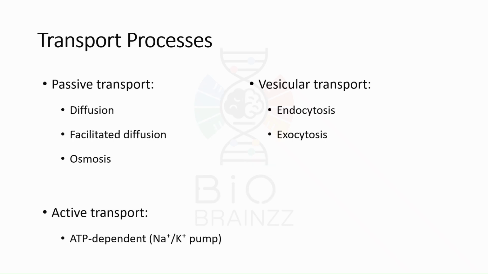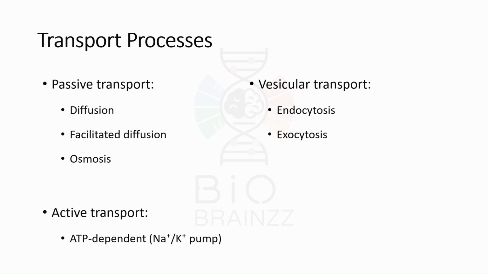Transport processes. Transport across the membrane can occur through different mechanisms. Passive transport includes diffusion, facilitated diffusion, and osmosis, where no energy is required and movement occurs along the concentration gradient.